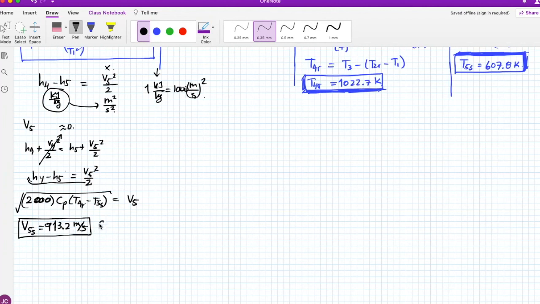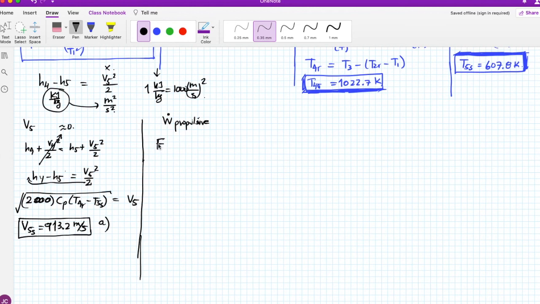Okay, so this is the first problem that I have solved, the first calculation. Now, let's go to another one. They are asking me about the propulsive power. This propulsive power is not the compressor, it's not the turbine, it's this. First of all, I'm going to start with the thrust.